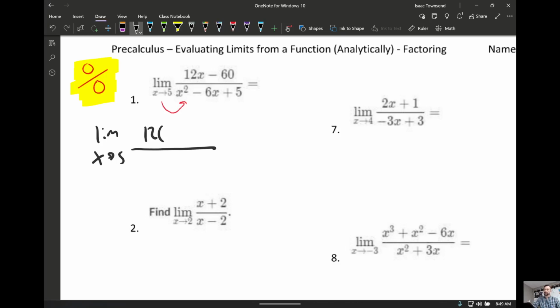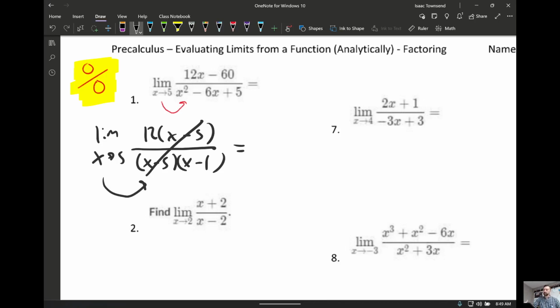So you should have factored out a GCF out of the top, 12. You should have factored your trinomial on the bottom, x minus 5, x minus 1. Something has to cancel. In this case, the x minus 5s. And then once something cancels, you can try direct substitution a second time.